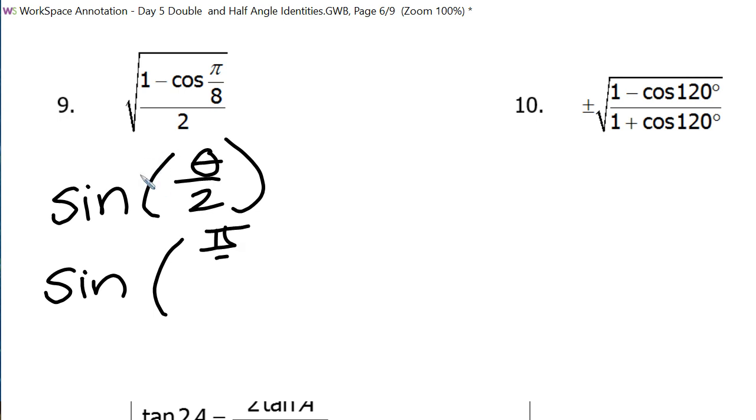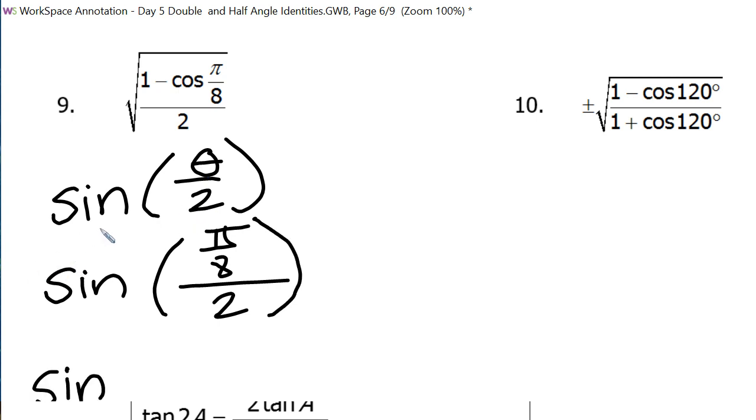Pi over 8 needs to be cut in half. And instead of dividing by 2, I could multiply by 1/2, and pi over 8 times 1/2 would be pi over 16. So this is just sine of pi over 16. That is not a unit circle value, so we'll leave it as just sine of pi over 16.